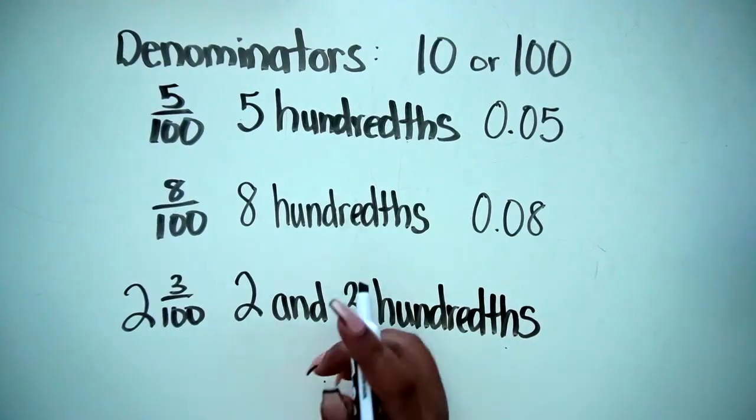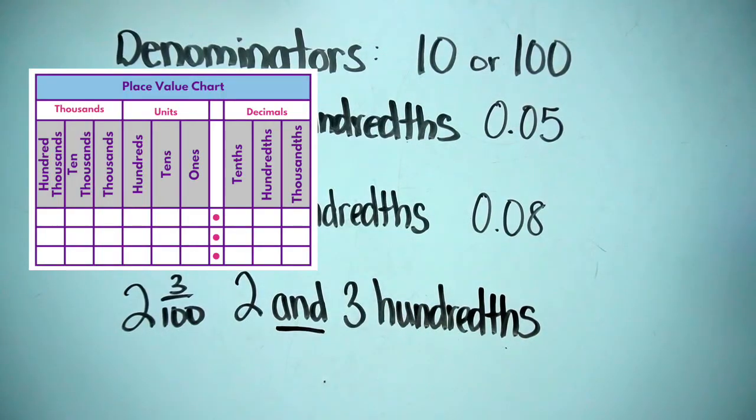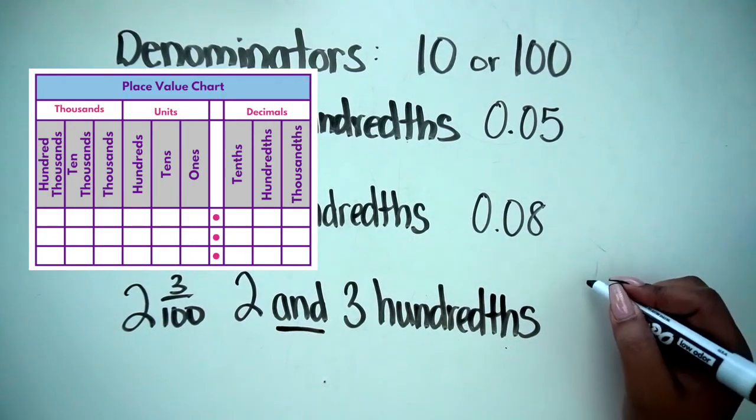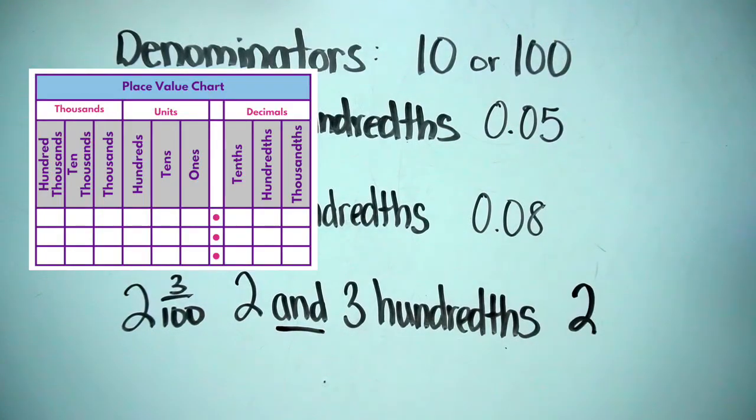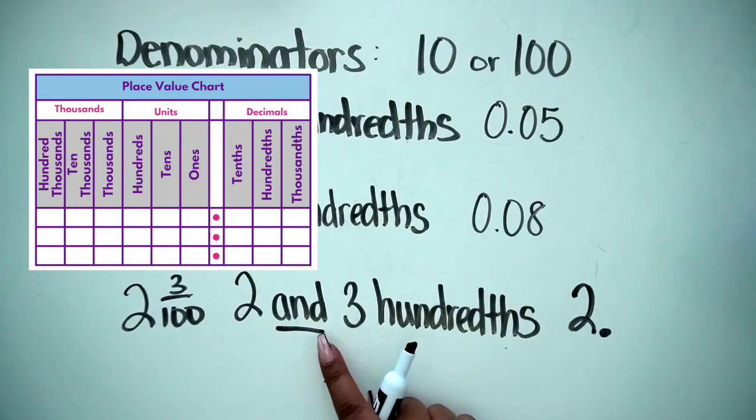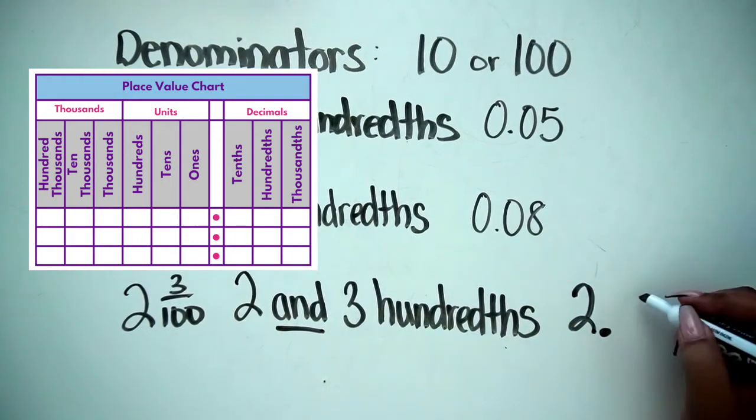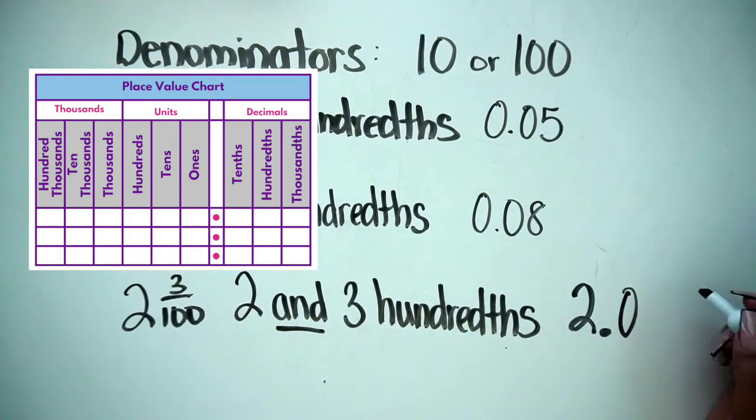That and tells me that's where my decimal point goes. So that means I have 2 ones, decimal point, because of the and, 3 hundredths. No tenths, so there's a 0 in the tenths place, and 3 in the hundredths place.